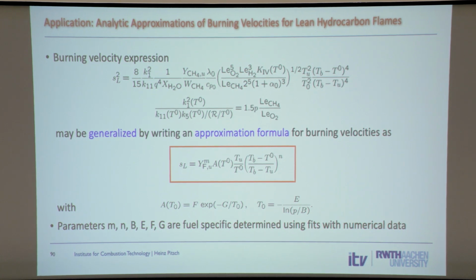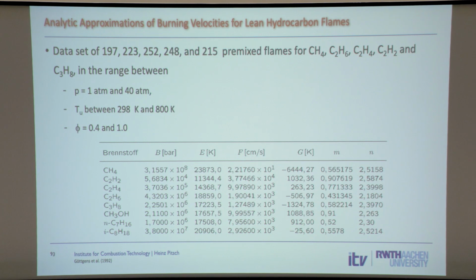So we use this, and then for different fuels we determine these parameters, N, M, and G, E, and B, from a fit. And this here shows these parameters for many different fuels actually. And you see here we said, for example, N from the asymptotics came out to be 2.